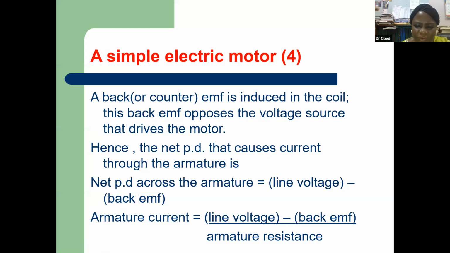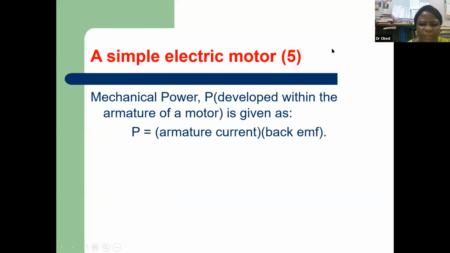If you make the back EMF the subject of the formula here, what you will have is V, that's the line voltage, minus the product of current and resistance. That's mathematics. So mechanical power, that is the power developed within the armature of a motor, is given as the current times the back EMF.